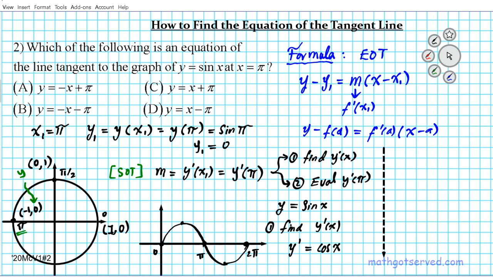Now let's go ahead and do part two, which is to evaluate the derivative at the specified x value, which is pi. Okay? So y prime is cosine x. So y prime evaluated at pi is cosine pi.